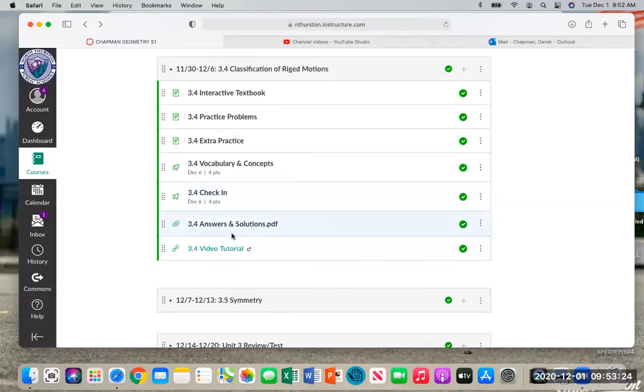And then, as always, you got the solutions manual and the video tutorial. I've been talking with other people as well. One of the last people I got off with for my Algebra 2 says that he typically doesn't watch the video tutorial. He'll just open up the solutions manual, and that's enough support for him to get through these practice problems. And that's awesome. He was hesitant to tell me that. And I'm like, dude, that's totally fine.